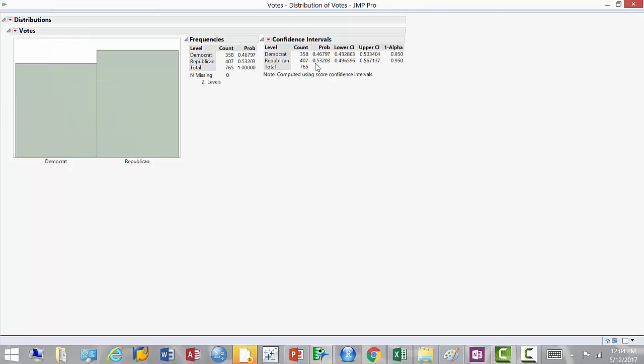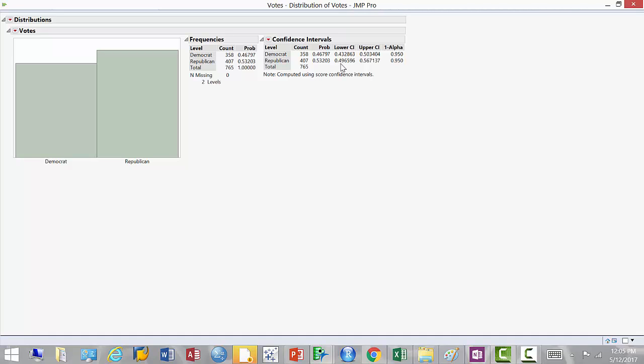Let's show 0.95 first, to verify that what we did is actually correct. Are these the same numbers? I can't quite remember what we had before. We're looking for Republican, right? Republican candidate. And here's my lower confidence limit, and here's my upper confidence limit. So my lower, if I remember correctly, was 0.4966.